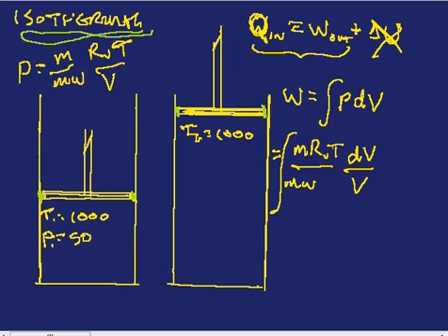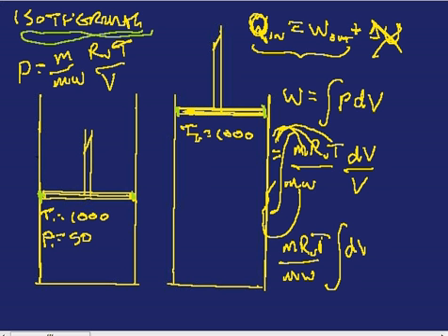So we can take T outside of the integral. We can take R outside, it's constant, m outside, and molecular weight can go outside of the integral. So we wind up with m R_U T over molecular weight times the integral of dV over V. Now dV over V is the only thing inside the integral, and that's a simple integration.